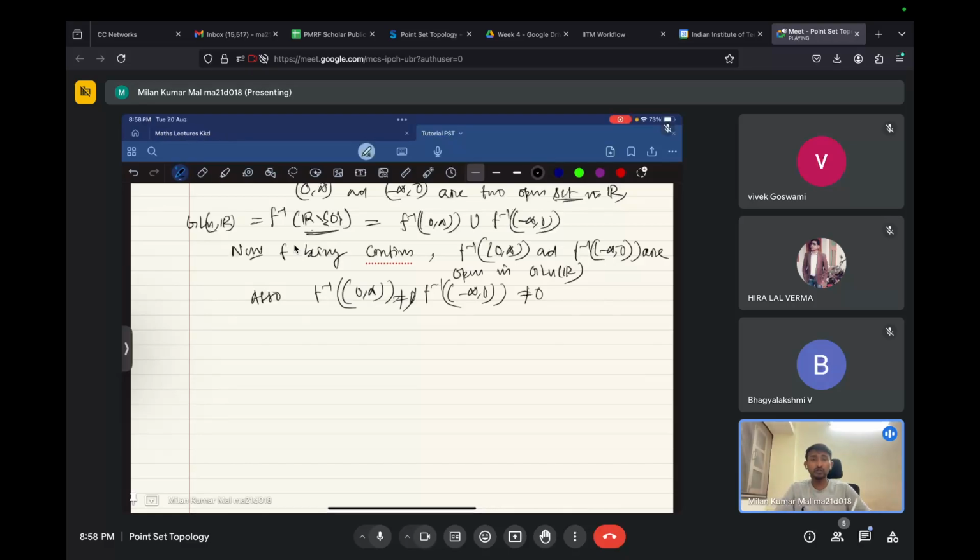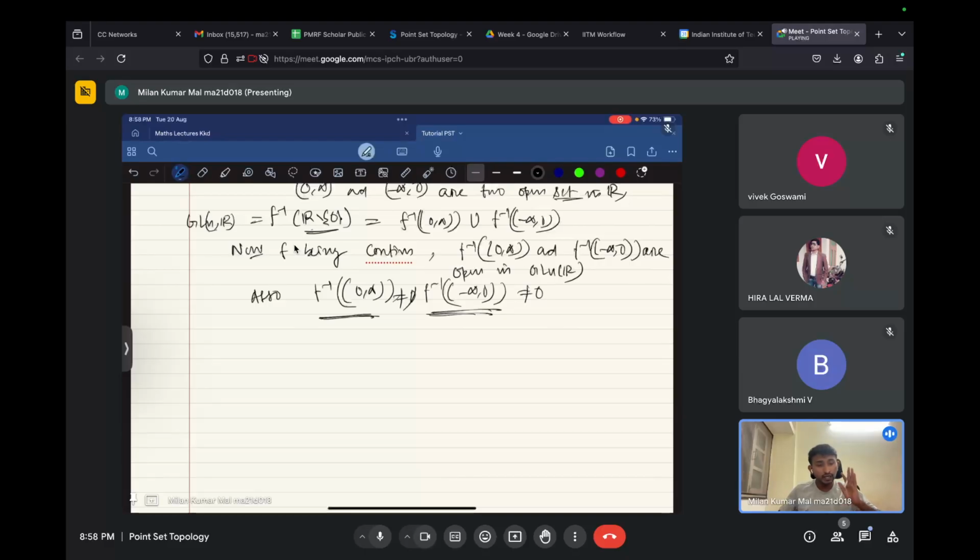Obviously non-empty. We can find a matrix whose determinant is positive and a matrix whose determinant is negative. That can always be found, for any n. So this set f inverse of (minus infinity, 0) and f inverse of (0, infinity) are non-empty, because one set is all those elements where the determinant is positive, and the other is all those elements where the determinant is negative.